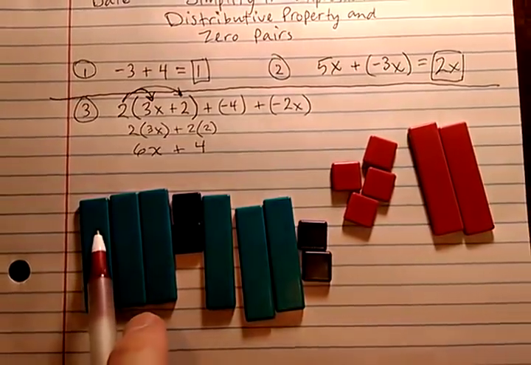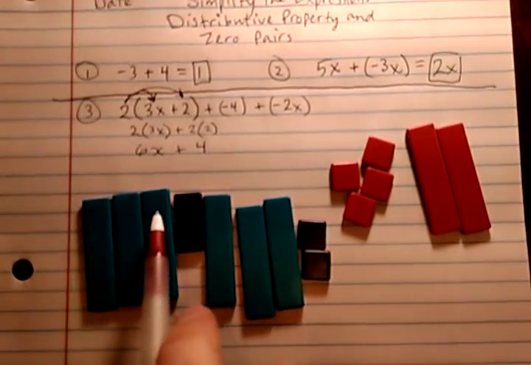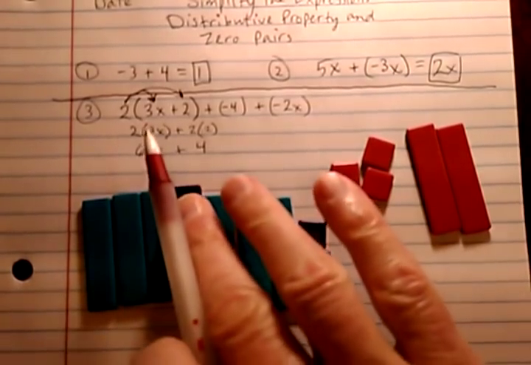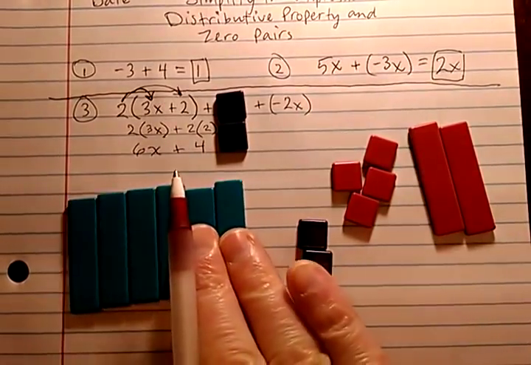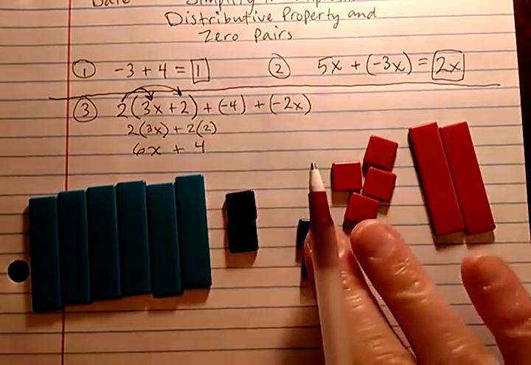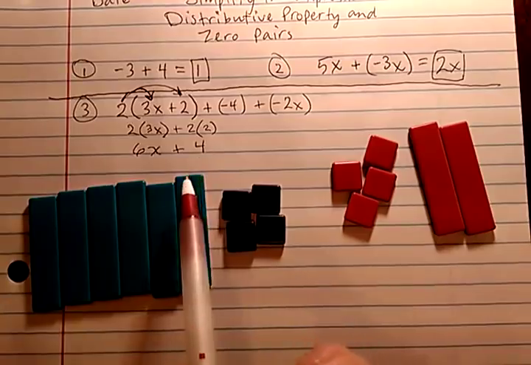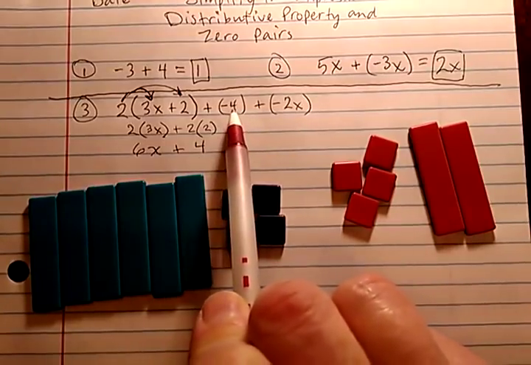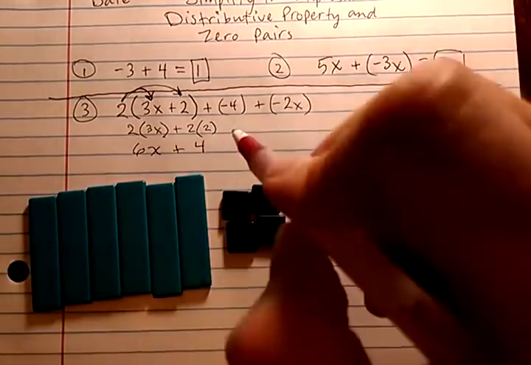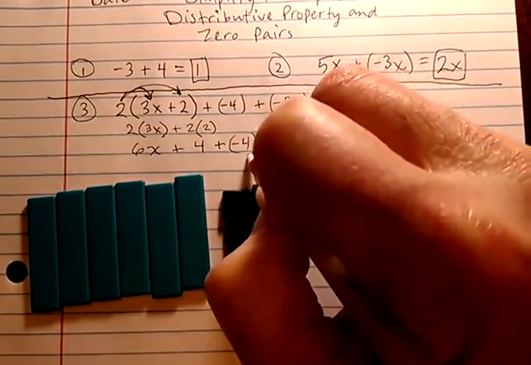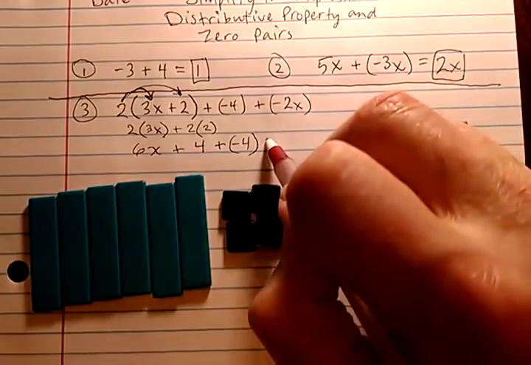And that's what we have here with our tiles. We have the 3x plus 2 and another 3x plus 2. So in total, we've got 6 x's plus 4 positives due to the distributive property. But we can't forget, we're still adding the negative 4. And we're also adding negative 2x.